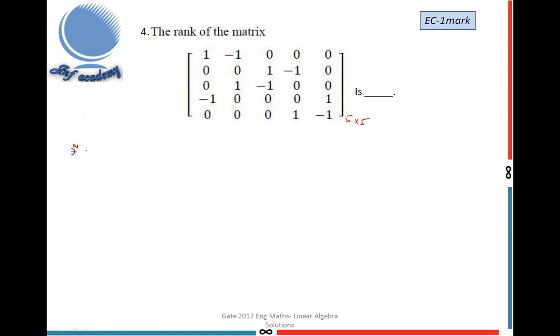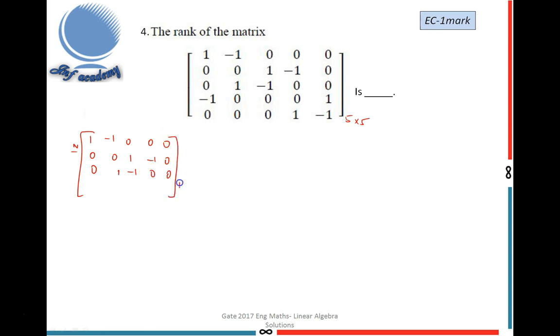So the given matrix is equivalent to: first row is the same, 1 minus 1 0 0 0. Second one also the same, 0 0 1 minus 1 0. Third one is the same, 0 1 minus 1 0 0.